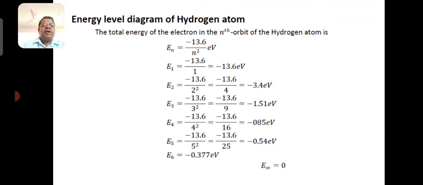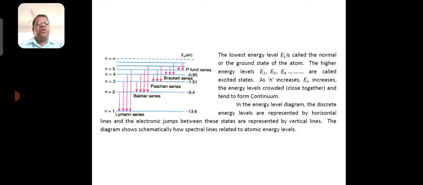For the fourth orbit, the energy of the electron is minus 0.85 electron volt. For the fifth orbit, minus 0.54 electron volt. And in the sixth orbit, minus 0.377 electron volt. In the infinity orbit, the energy is 0.